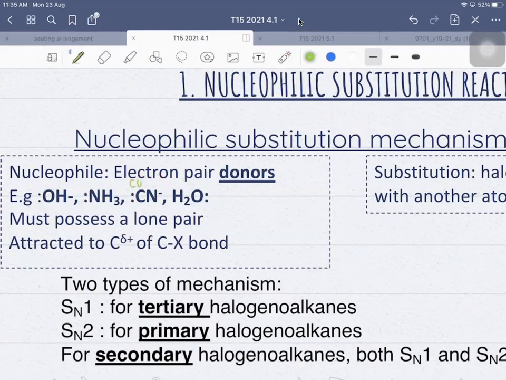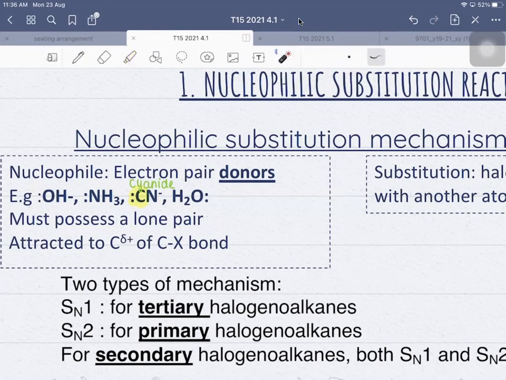Cyanide ion is CN with a negative charge, and the lone pair is on the carbon. So students always make this mistake of thinking that the lone pair belongs to the nitrogen. Actually, the lone pair of electrons belongs to the carbon, not the nitrogen. Water can act as a nucleophile as well because it has a lone pair on oxygen.